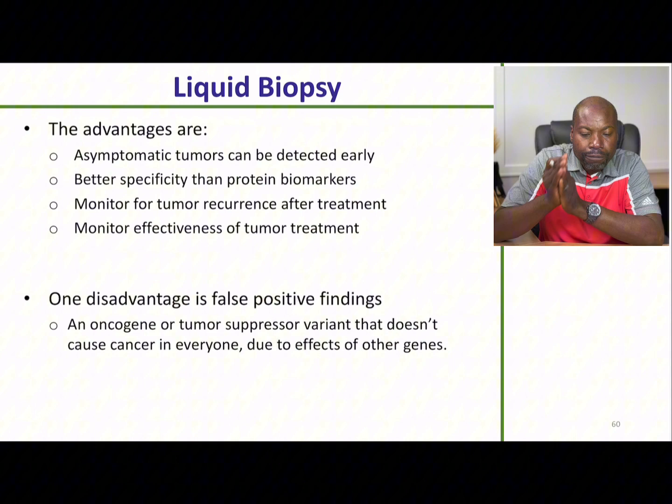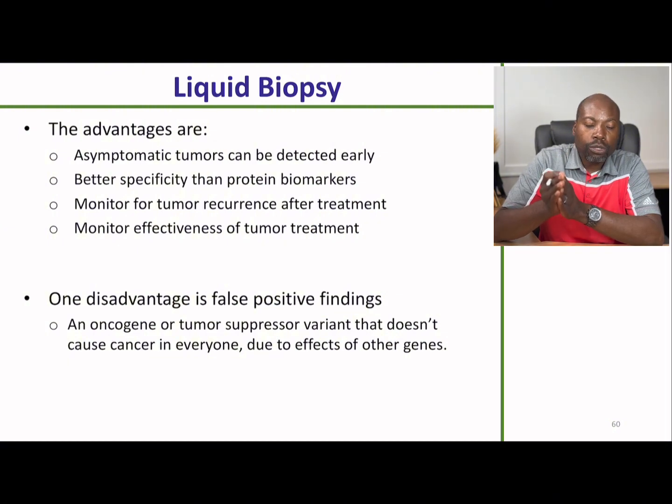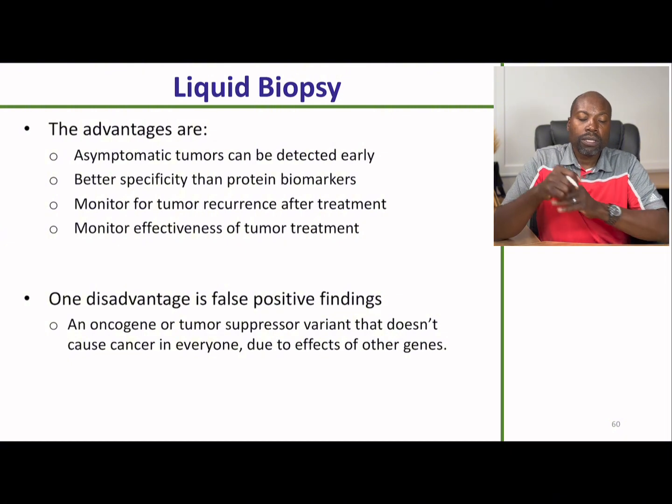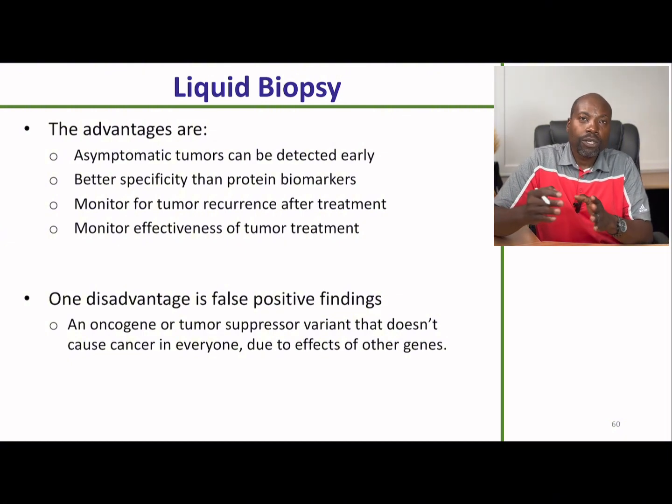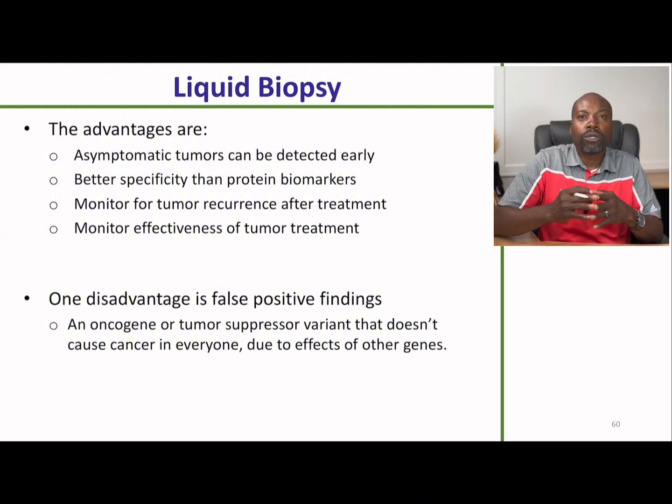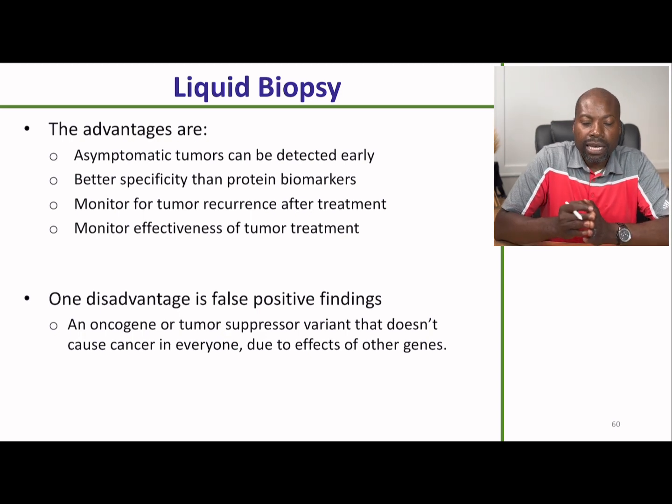We can be more specific as to what we want to target. Okay, we can monitor what is going on with the cancer and the treatment. We can monitor so many different things so that we are going to put the patient in a better spot, right?